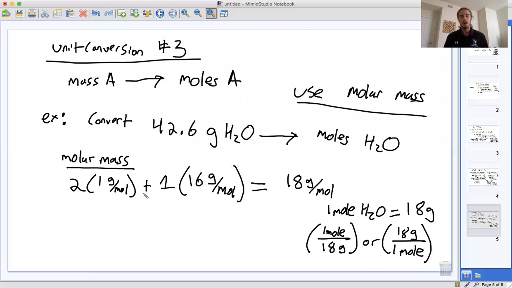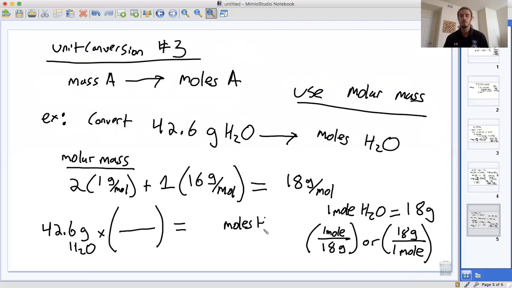So to solve this problem, let's see. We're starting off with 42.6 grams of water. We're going to multiply by a conversion factor, and we want to end up with moles of water, right? So I need grams of water to cancel, to go away. So I'm going to put grams on the bottom, right?